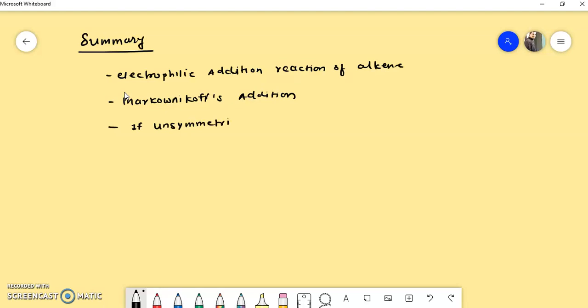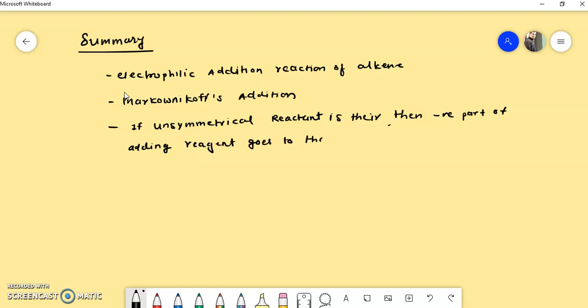reactant is there, then the negative part of the adding reagent goes to that carbon of the double bond which is having less number of hydrogen atoms.